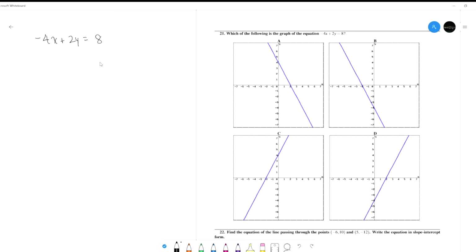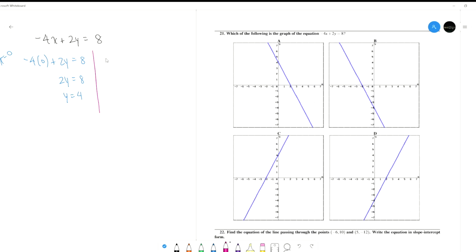How do you do that? Remember the cover-up method that I showed you. You make x equal to 0. So the first one, you make x 0, so that way you only have y to solve for. So 2y is equal to 8. y is equal to 4. Right? So this is when x is equal to 0.